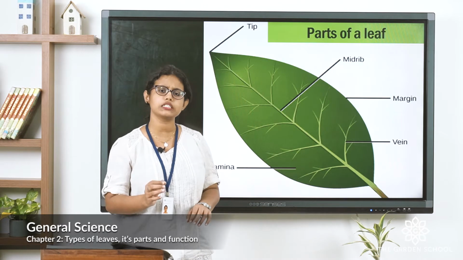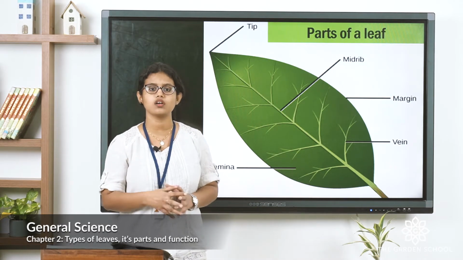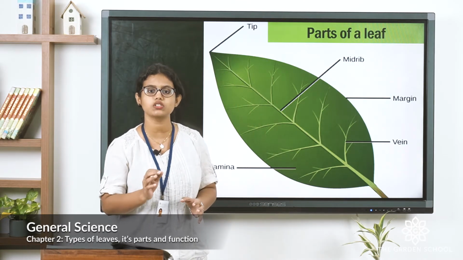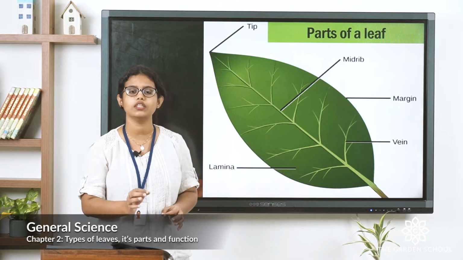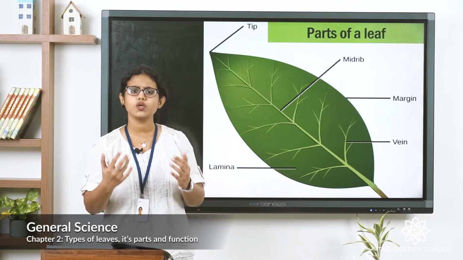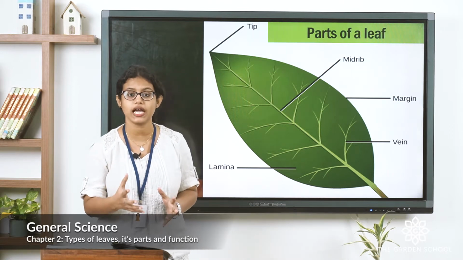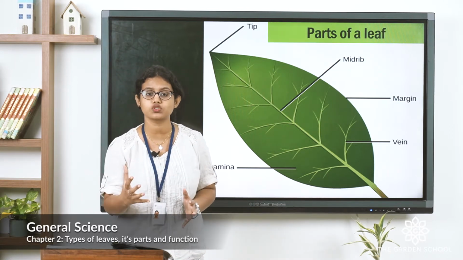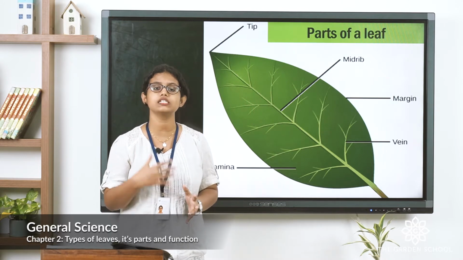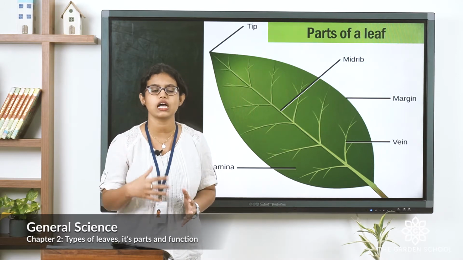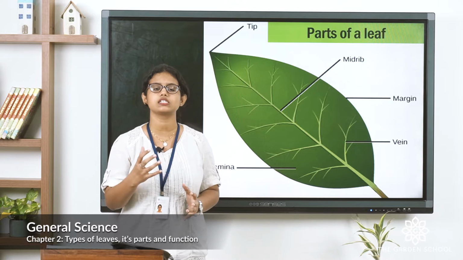So why do we call it the main part? Because all important functions are carried out on this surface. So you may think, what are the important functions? Functions like photosynthesis, exchange of gases, all these functions are carried on this surface.